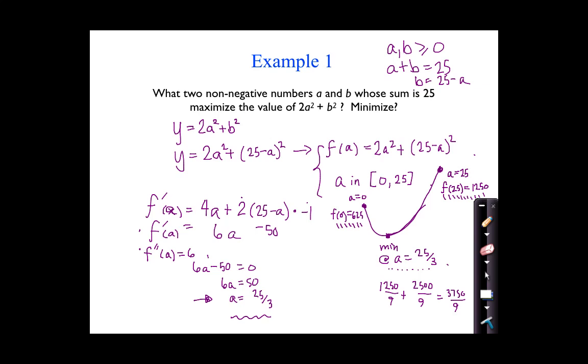All right, so a is 25 means b is 0, right? So a equals 25 and b equals 0 will maximize that sum. The value is 1250. A equals 0 and b equals 25 is nothing important, but it's something we checked. That's kind of an in-between.